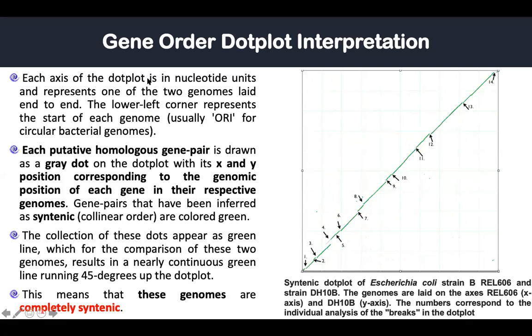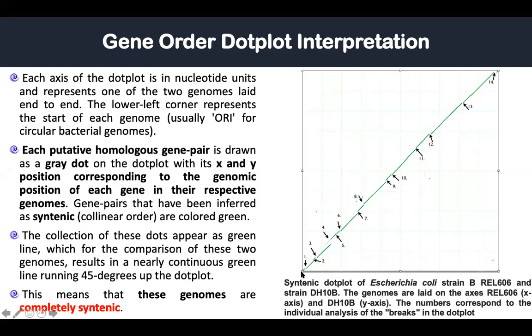Okay. So each axis of the dot plot is in nucleotide units, as I mentioned. So the first position of the REL606 nucleotide is here, also known as ORI, or origin of replication, right? And it represents one of the two genomes laid end to end. So let's say you have a 4 million base genome. You basically have an x-axis where you have base 1, base 2, base 3, all the way to base 4 million, right?